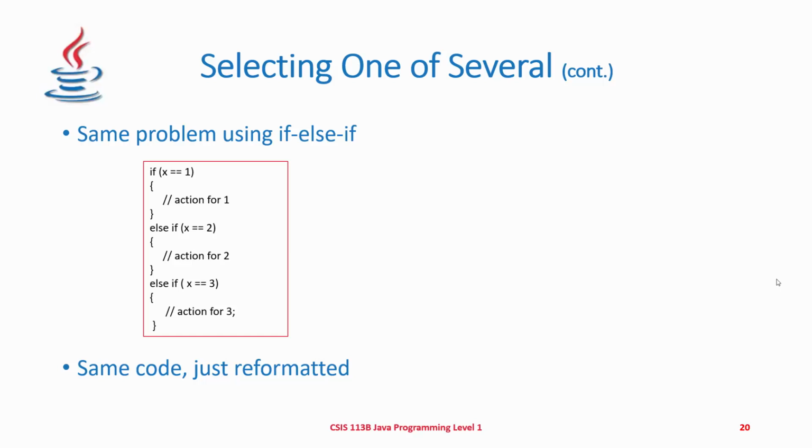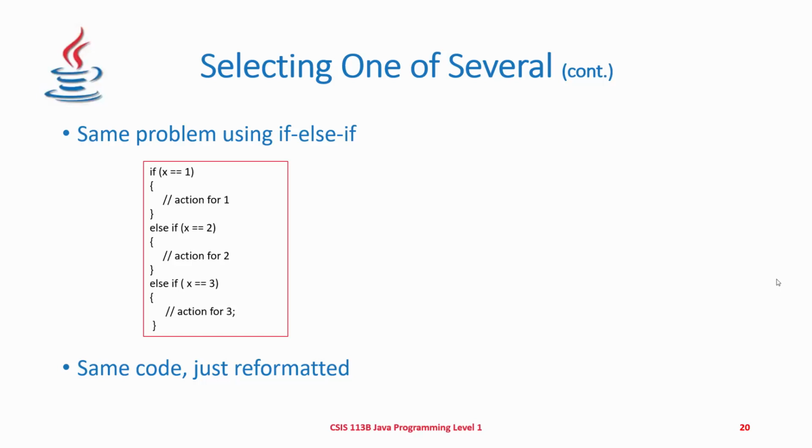So the second condition is identified with the else if clause comparing x to 2. If that's true, then the action for 2 will run. And then finally we have our else if to compare it to 3. There the action 3 would run if that's true. If none of those are true, then none of those statements would run.